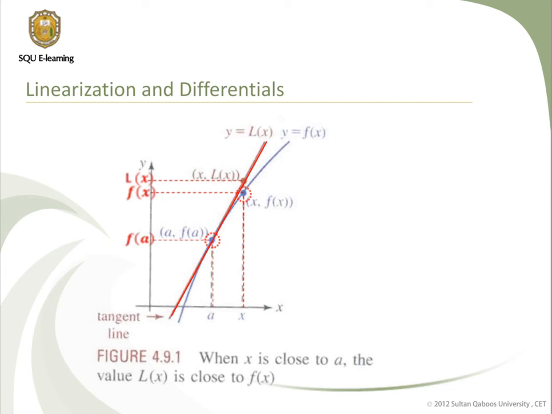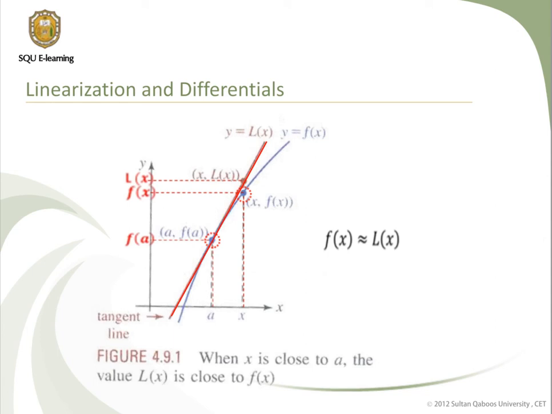So, on the y-axis you will find that the value of your function at the point x, f of x, is close to the value on the tangent line L of x, where L of x is the value of your tangent line at the point x. Since on the y-axis the two values L of x and f of x are close to each other, we could use L of x as an approximation value for f of x.